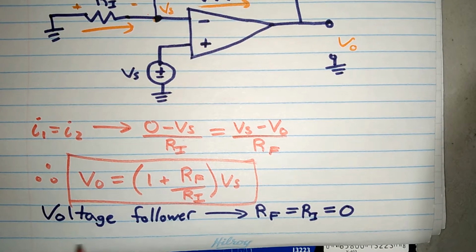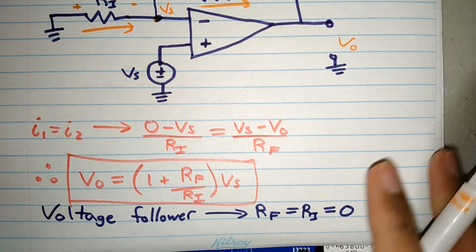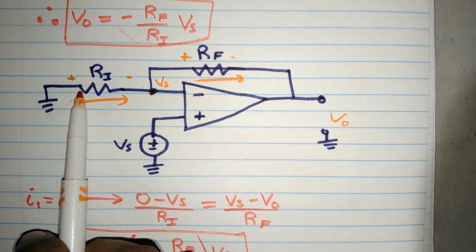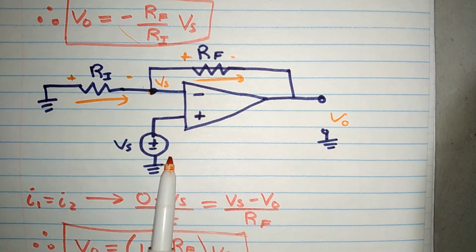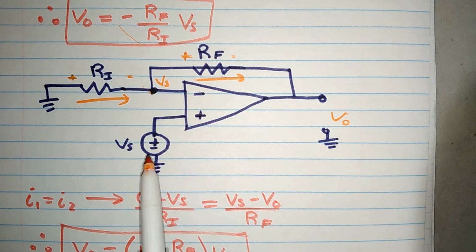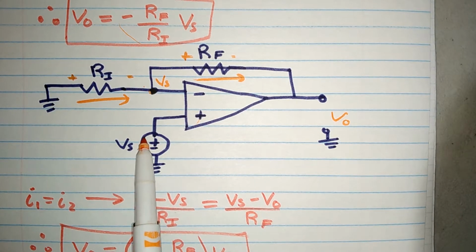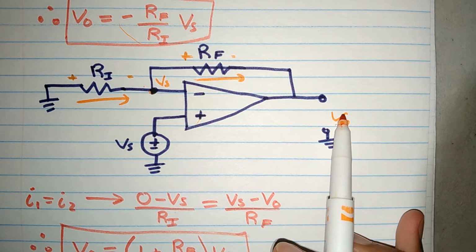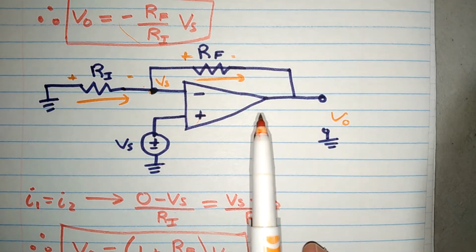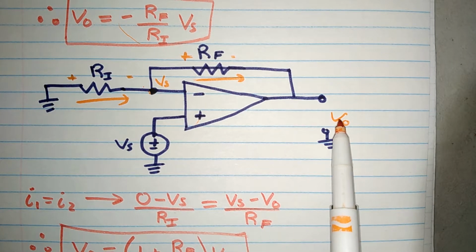And the voltage follower is a circuit that takes the voltage at one point, in this case Vs, and outputs Vout with an amplification of 1, known as unity gain.